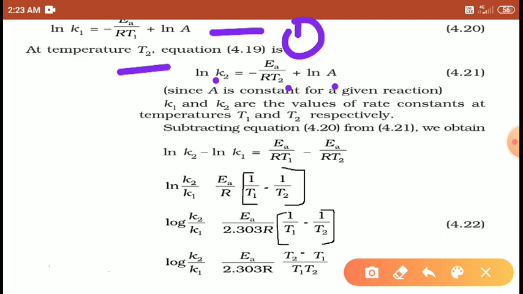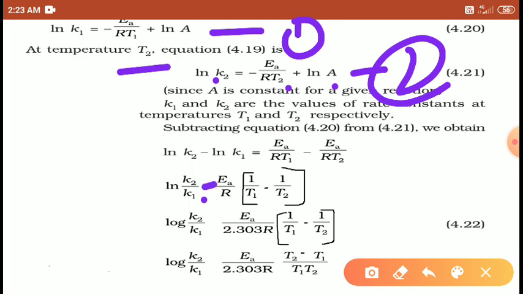We divide equation 2 by equation 1: ln K2 by K1 is equal to Ea by R into (1 by T1 minus 1 by T2). Converting ln to log, log K2 by K1 is equal to Ea by 2.303 R into (1 by T1 minus 1 by T2). Cross multiplying, we get log K2 by K1 equals Ea by 2.303 R into (T2 minus T1) by T1 into T2. So this is the equation.